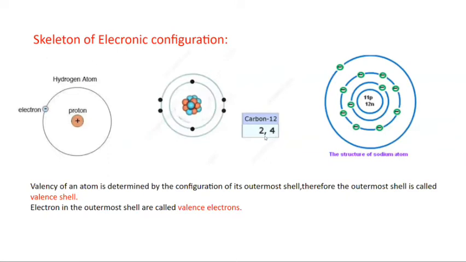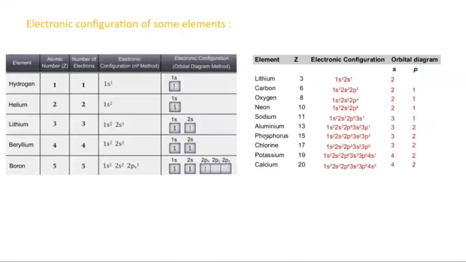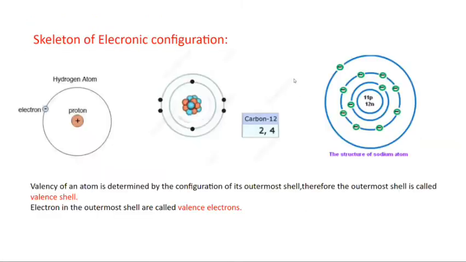Now for carbon. For carbon, electronic configuration is 1s2, 2s2, and 2p2, means it has 6 electrons and 6 protons. So in its nucleus part, 6 protons are present and the electrons revolve around the nucleus.